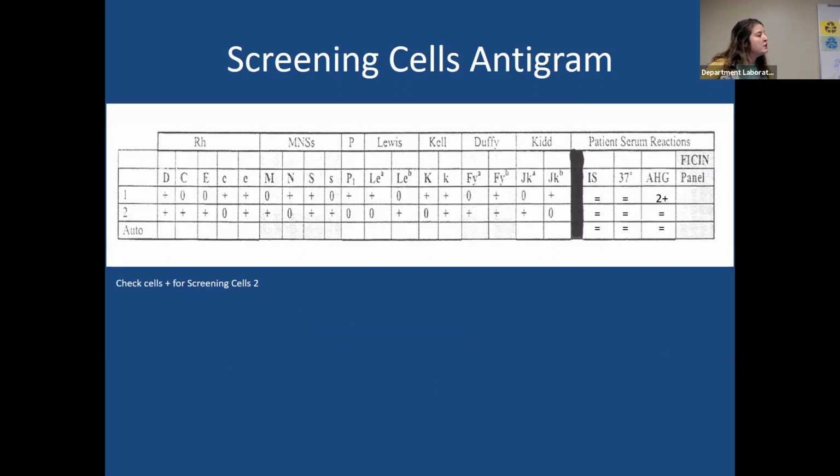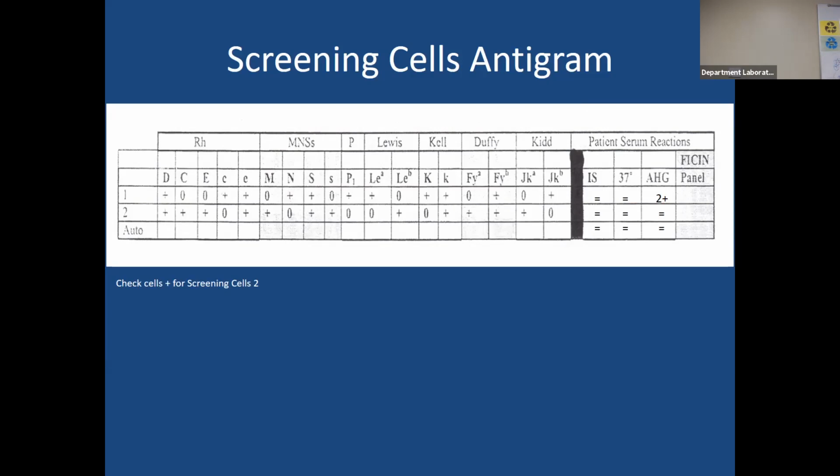What you need to know about this antigenic profile: remember I said the FDA includes the antigen expression for all of the clinically significant antibodies. So these are all antigens on your red cell membrane that have been known to cause transfusion reactions or hemolytic disease of the newborn.